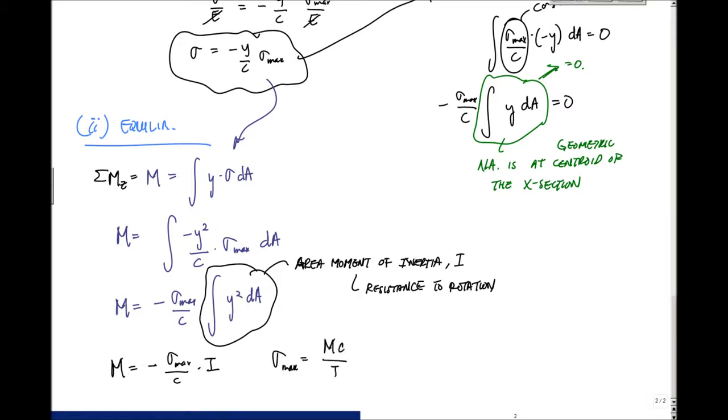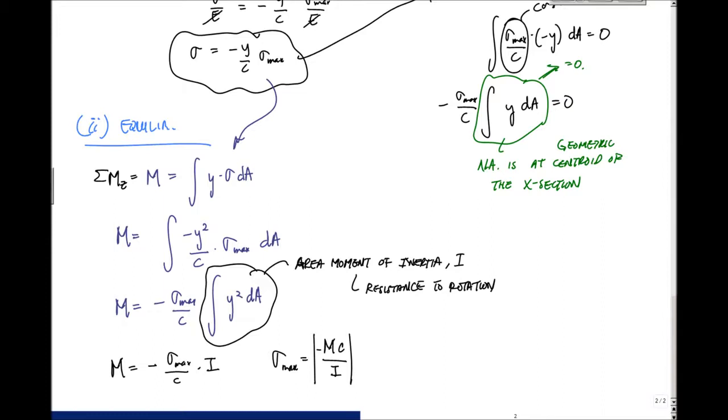Mc over I. And usually when you're looking for the maximum value, you really just need an absolute value. We want to know the absolute maximum normal stress due to the moment right here. In general, this is probably the more important equation.